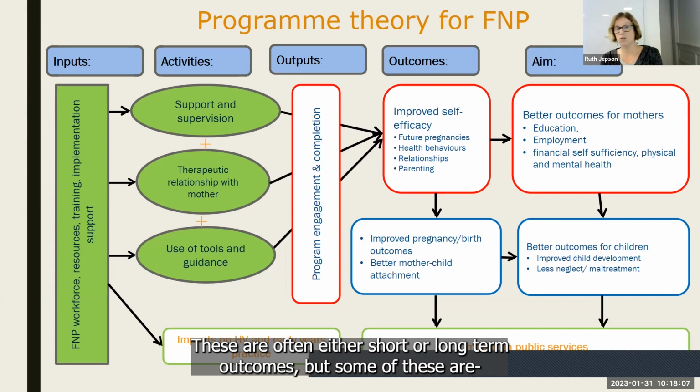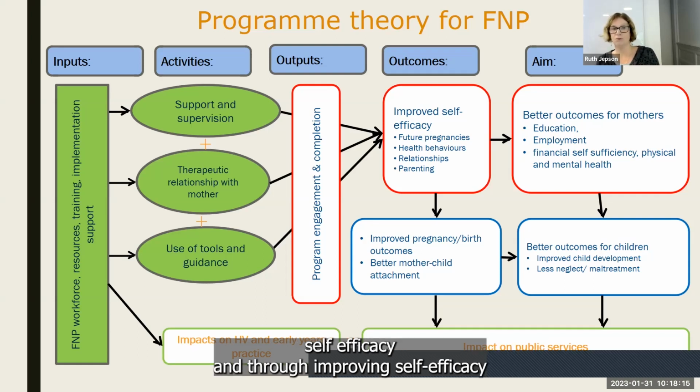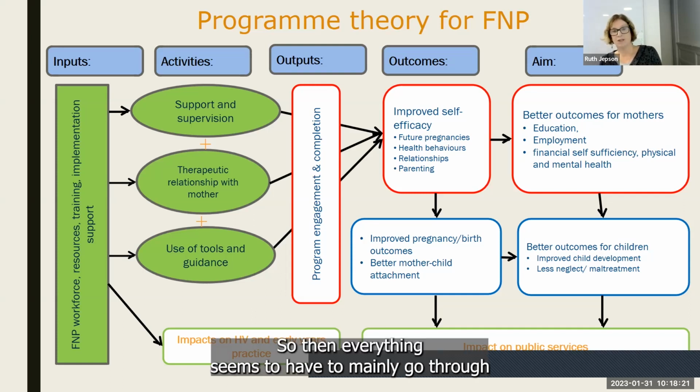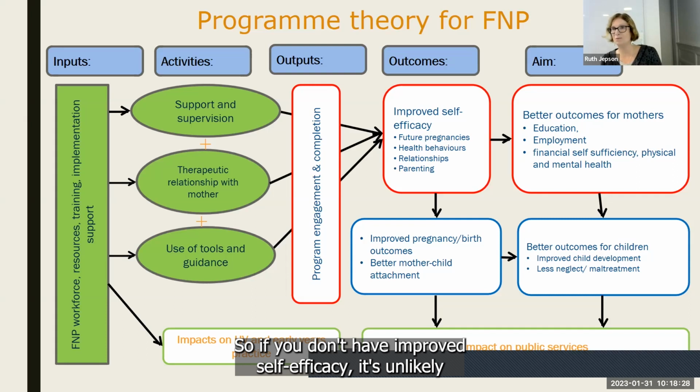These are often either short or long-term outcomes. The whole point of the Family Nurse Partnership is that you improve self-efficacy, and through improving self-efficacy, you get all these other benefits. So everything has to go mainly through improving self-efficacy. So that's essential to this program theory. If you don't have improved self-efficacy, it's unlikely you're going to get any of the other outcomes.